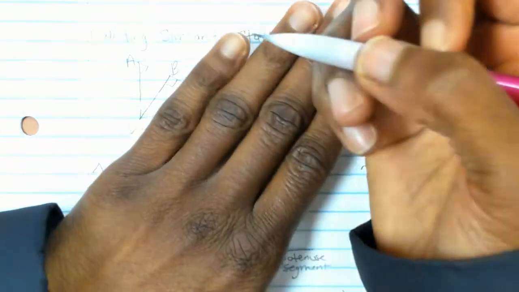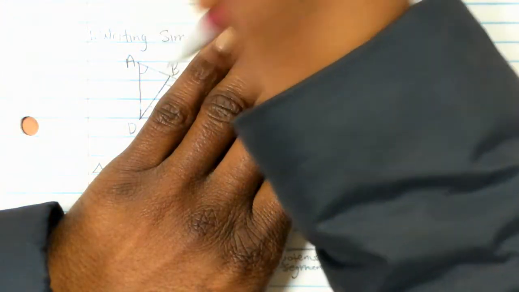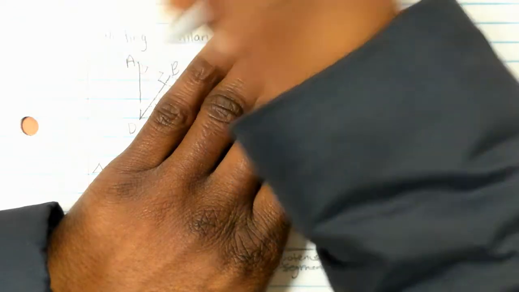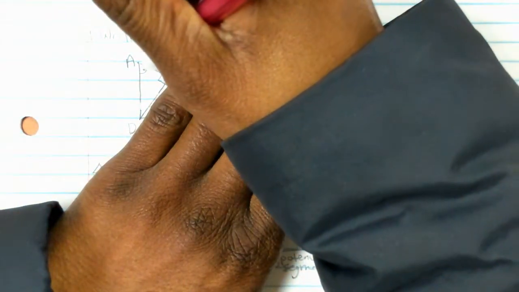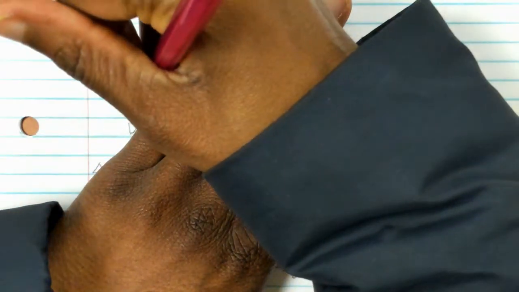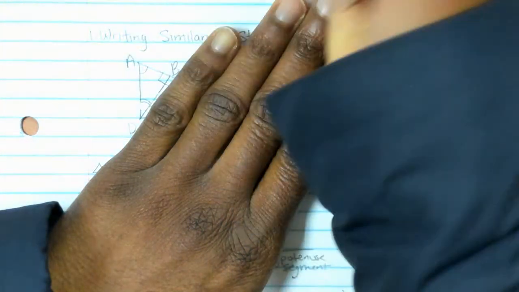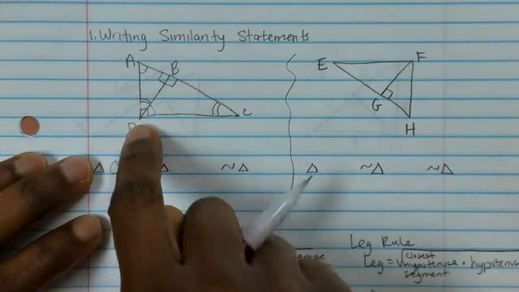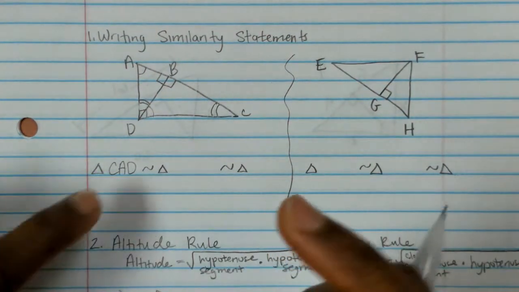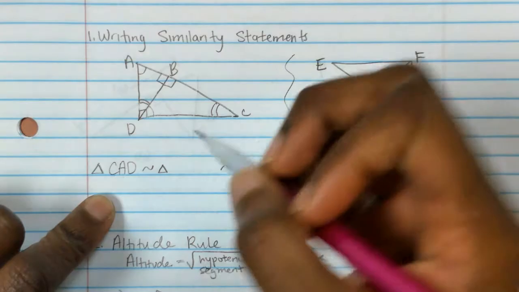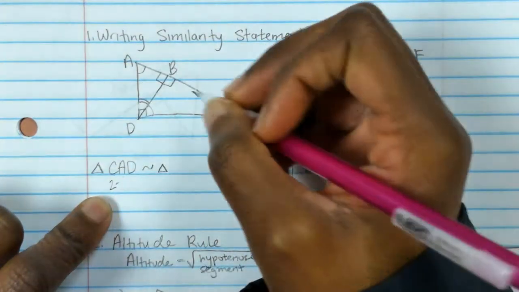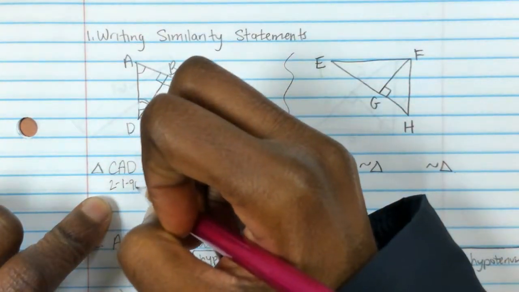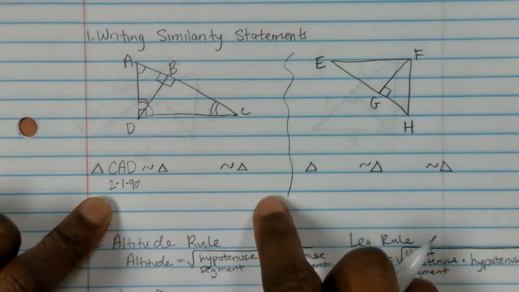And then on the other triangle, this is 90, B is 90, so that means that there's going to be a 90-degree angle here. And then we have a 1 angle mark and a 90, so we're missing a 2 angle mark. Okay. Now I'm going to add my 90 back because that does go with the big triangle, so it is significant in this triangle's name. So when we named the CAD, again, we went from the 2 angle mark to the 1 angle mark to the 90 degrees. So we need to be consistent for the other 2 triangles.